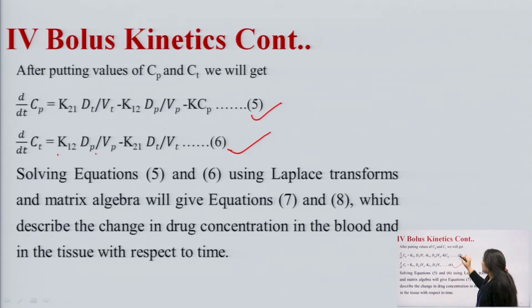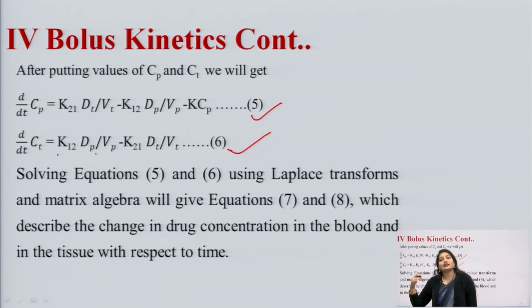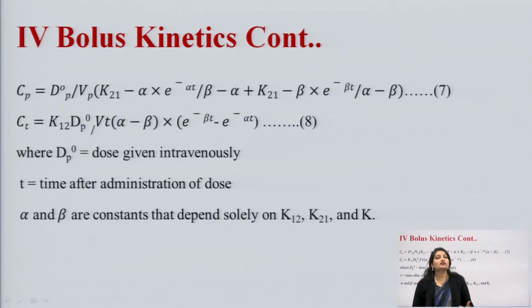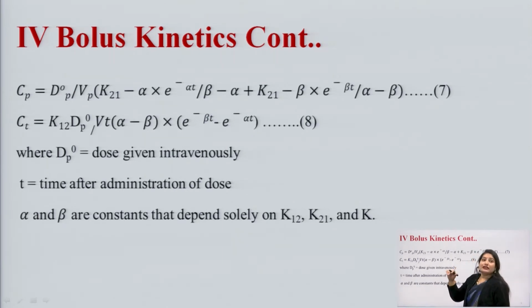Okay. So, when we solve these two equations by using the Laplace transform and matrix algebra, we will get another pair of equations, equation number 7 and 8, and these equations will describe the change in the drug concentration in the blood and also in the tissues with respect to time. Okay. So, by solving equation number 5 and 6, we are getting equation number 7 and 8.